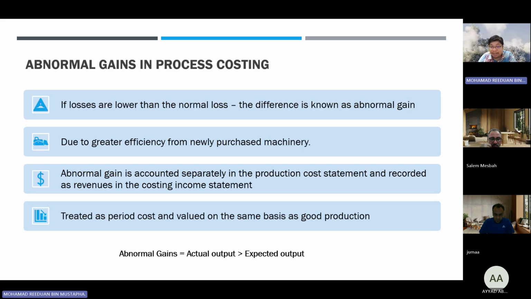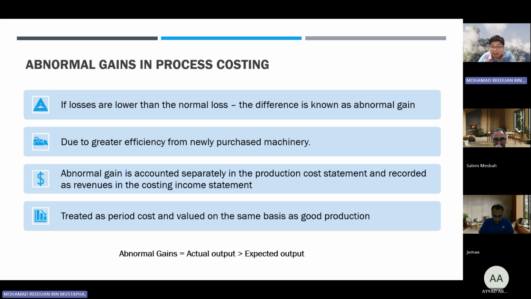Due to the greater efficiency from the newly purchased machinery, because suddenly what you expected, what you were planning, normally there is a certain loss that you have to bear in mind. But later on, suddenly you expected your normal loss is 100, but suddenly it became lower. This is maybe because of the efficiency of the new machinery that you recently bought. It could be that reason.